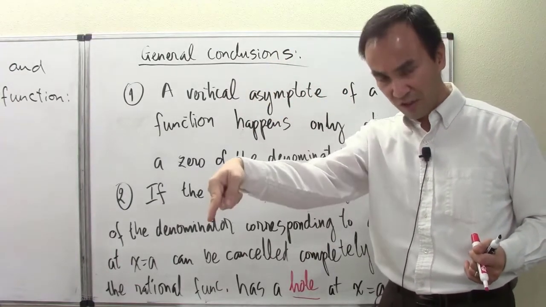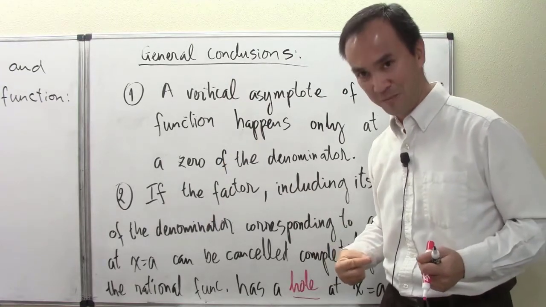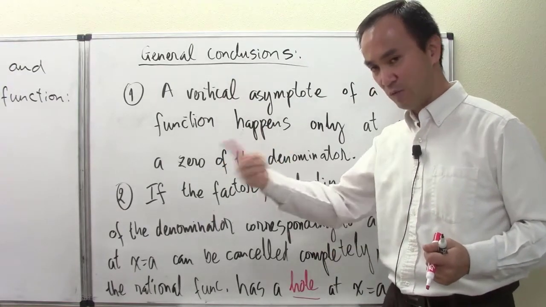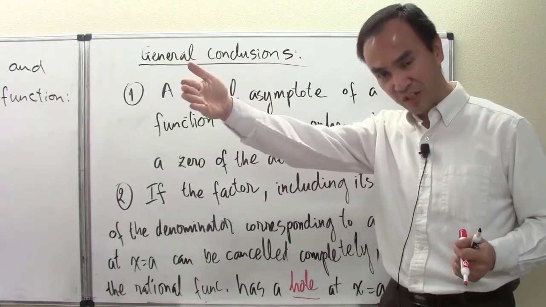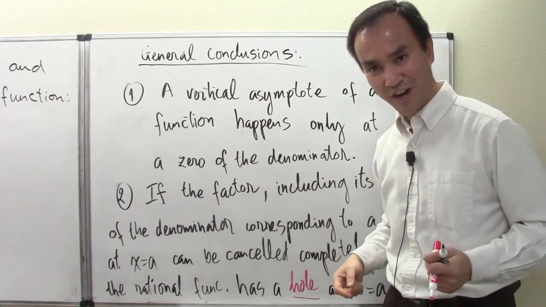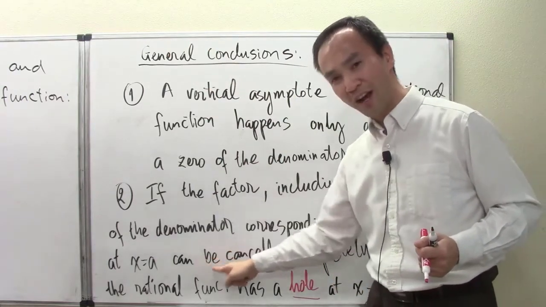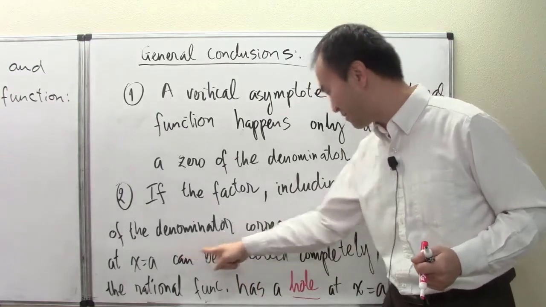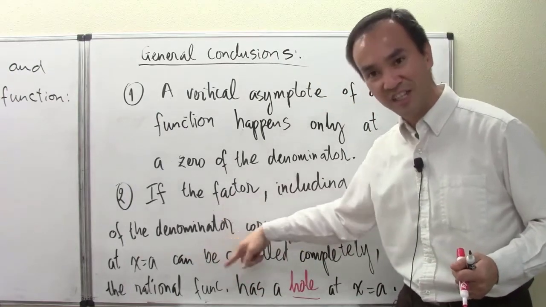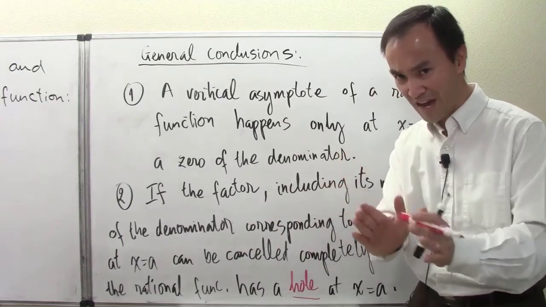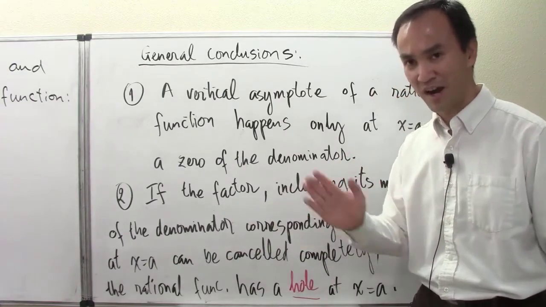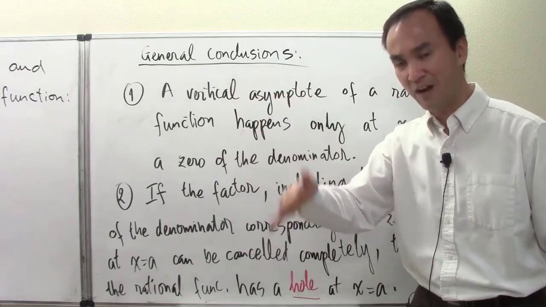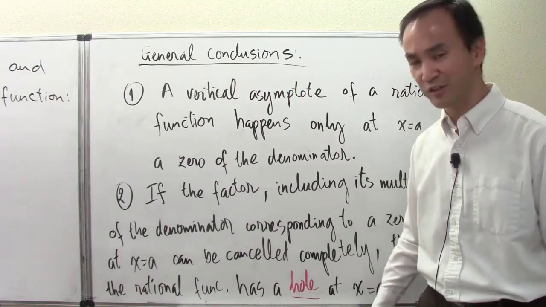Can we cancel this factor, or we cannot? Okay, and then can we cancel or not depends on if we still see another common factor from the numerator. And that's the reason why I worded it this way, instead of saying, if the corresponding factor was canceled completely. Because if we already canceled, there's a likeliness that we might skip out that particular zero right there.